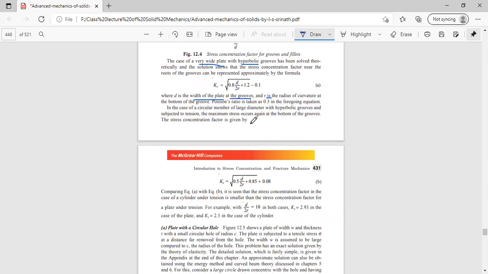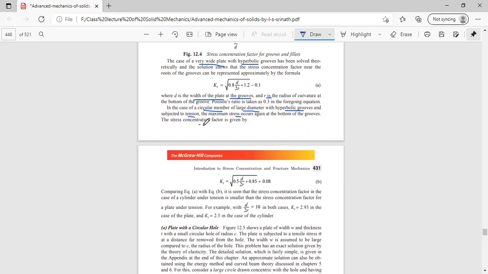Now, in the case of a circular member of large diameter with hyperbolic grooves and subject to tension, the maximum stress concentration factor occurs again at the bottom of the grooves.